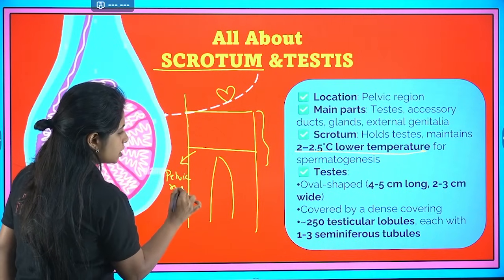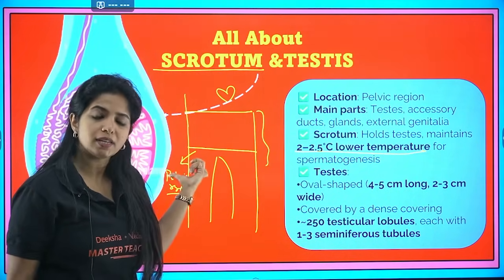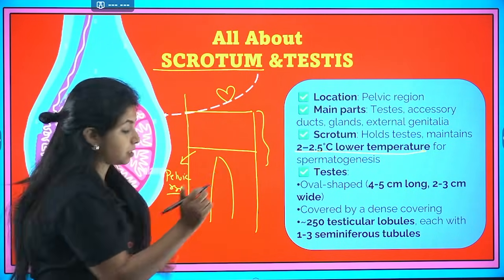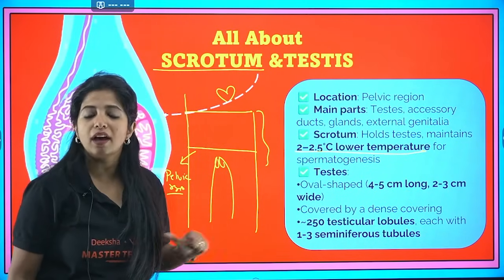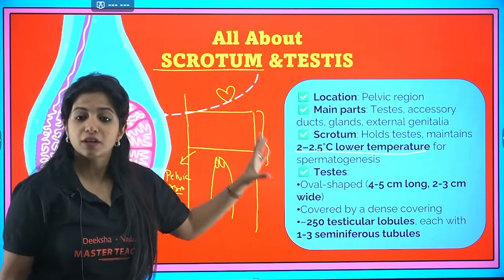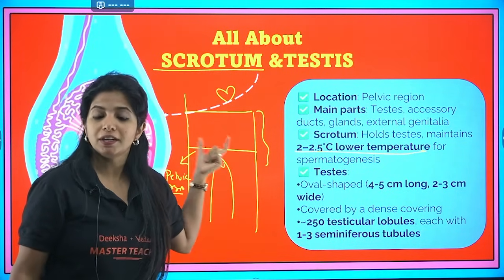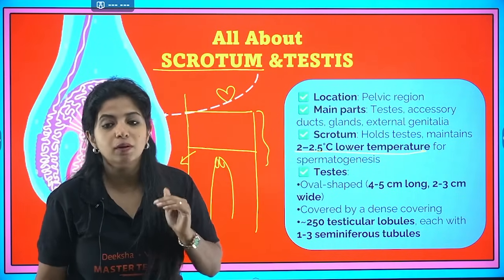So I can call it the lower abdominal cavity, or the pelvic region. Inside the pelvic region you do not have the testis, but you have it inside the sac, the scrotum. And why is the testis inside the scrotum? Because sperm formation cannot take place at normal body temperature. It needs 2 to 2.5 degrees Celsius lower than the normal body temperature.